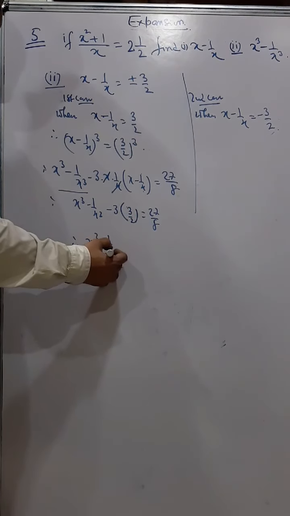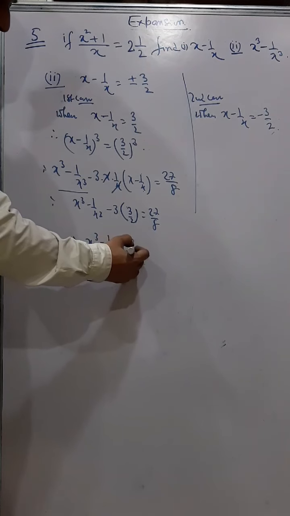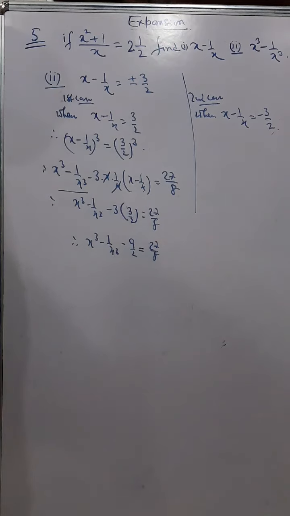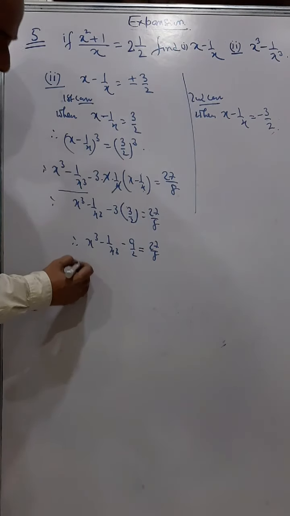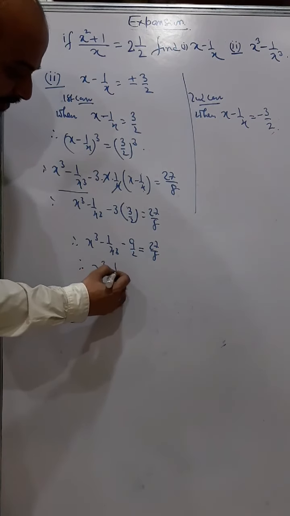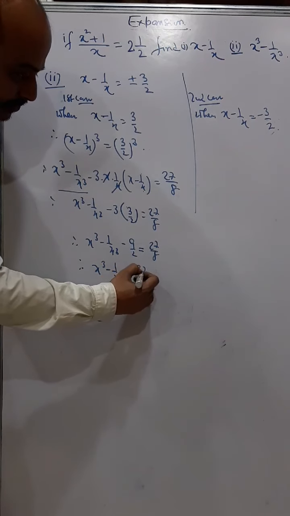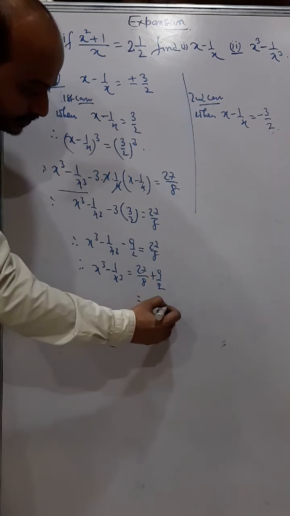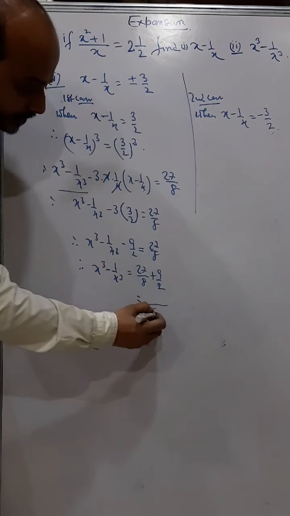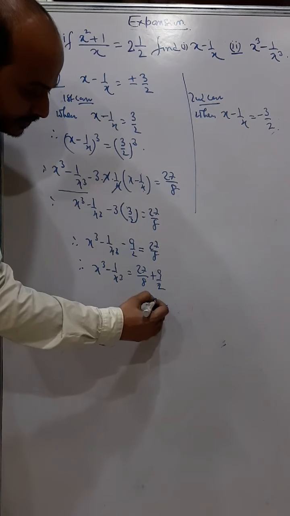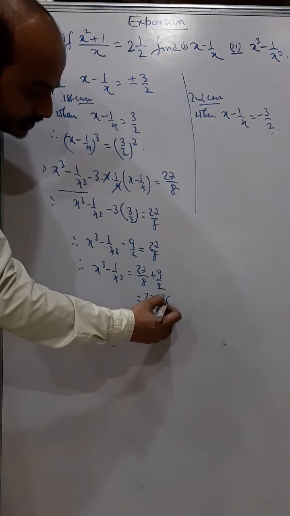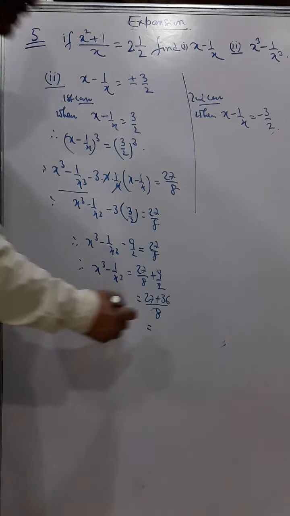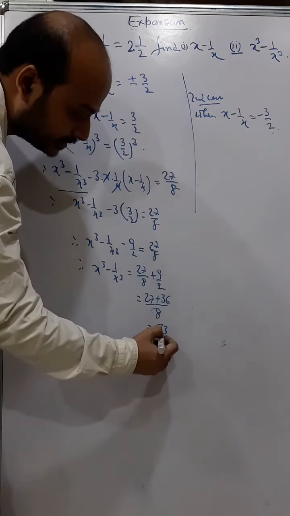And then x cube minus 1 by x cube minus 9 by 2 is equal to 27 by 8, and then this goes that side. So x cube minus 1 by x cube is equal to 27 by 8 plus 9 by 2, and then we can take 8 as LCM. So we get 27 plus 36, that is 63 by 8.